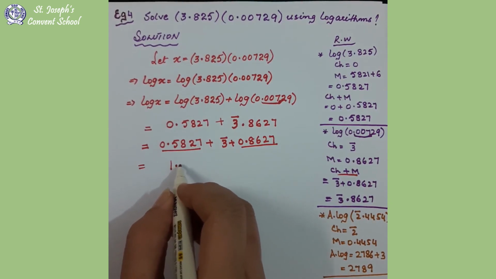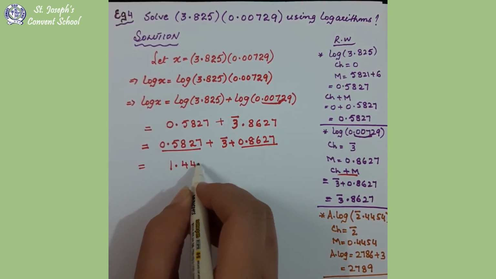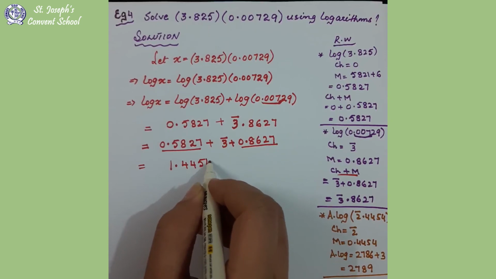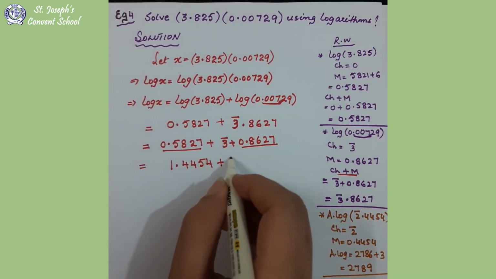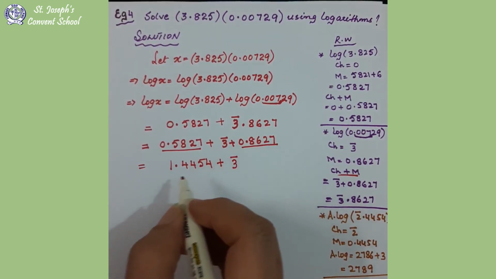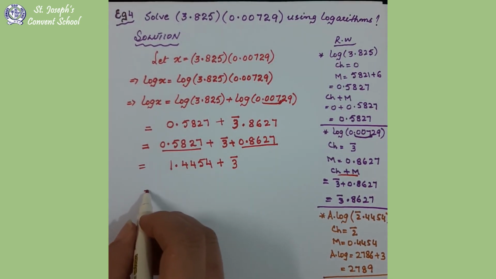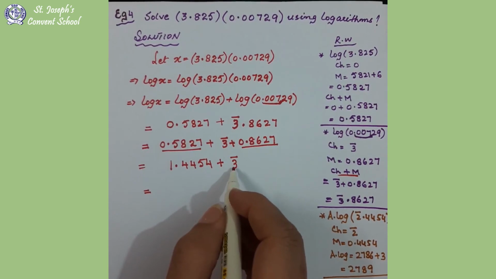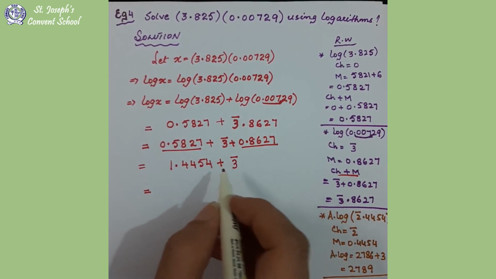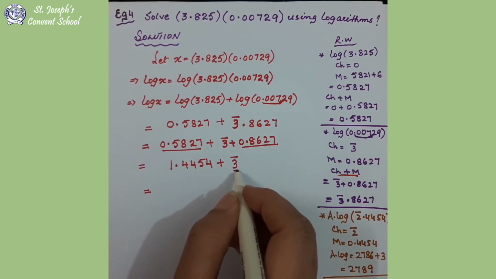You will get 1.4454, and this you will write as it is plus bar 3. Now when a bar is given, what do we do? Bar means minus 3. What we'll do is solve this bar 3.